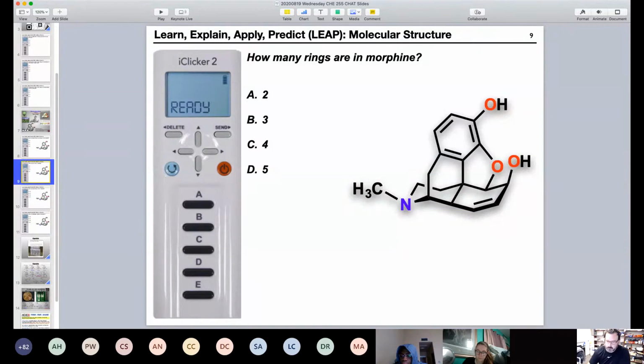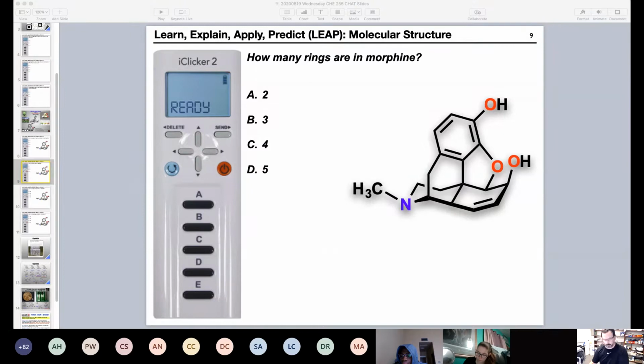So in sp3 hybridization, the 2s and 2p orbitals hybridize together to share the same energy level. All 3 of the 2p orbitals hybridize, and in sp2, only 2 of the 2p orbitals hybridize with the 2s.